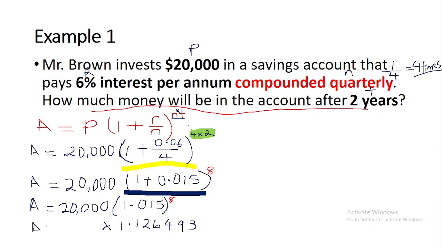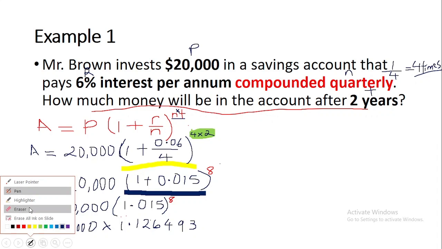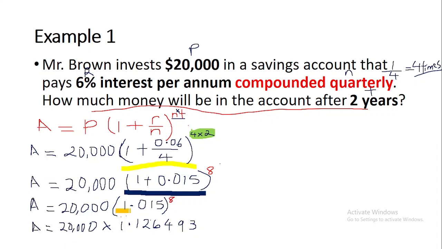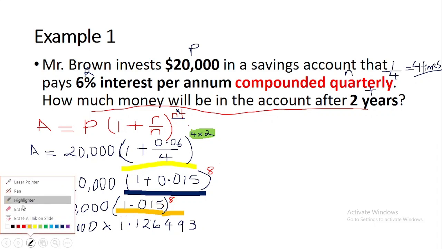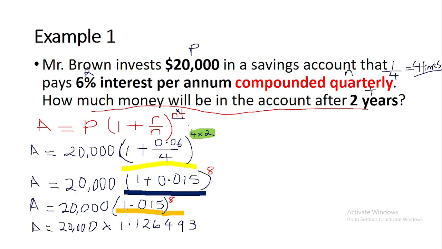So now we have A equal to 20,000 times this entire amount, 1.015 raised to the power of 8.